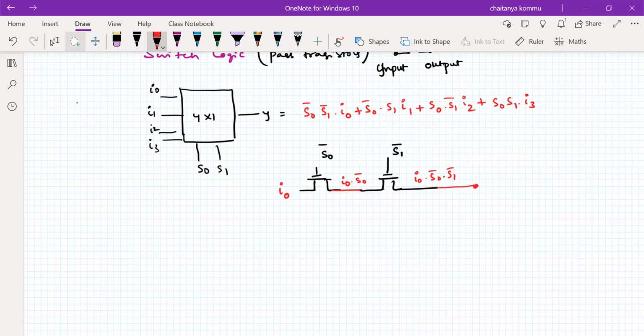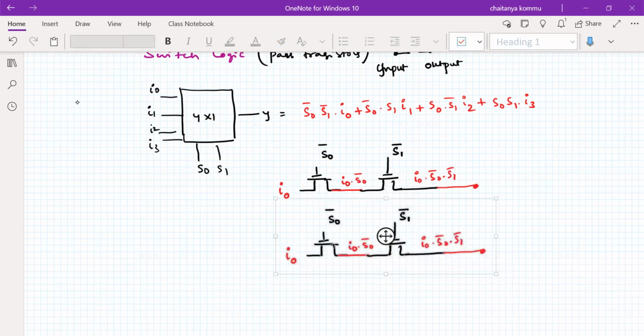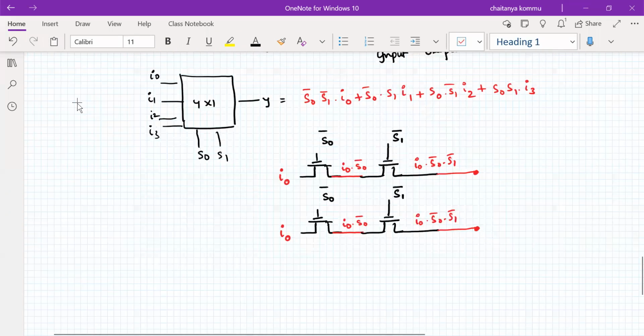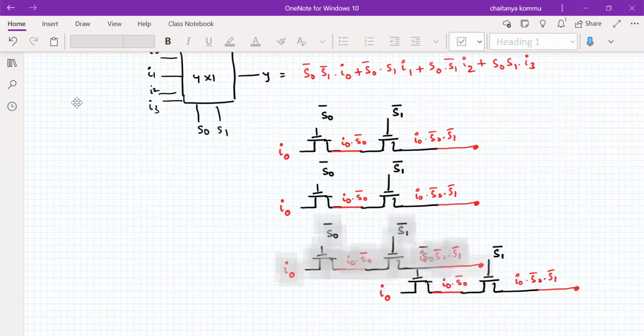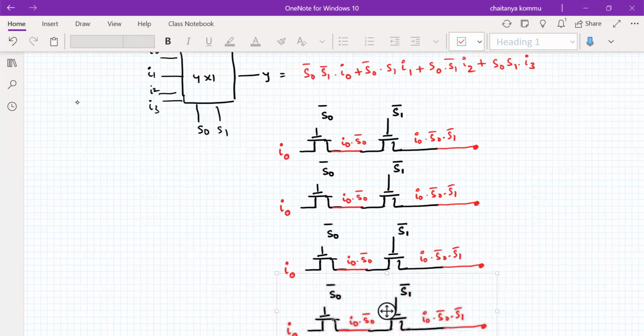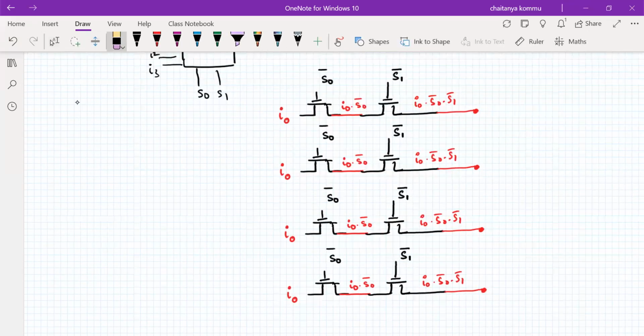So this is the one output that we would like to get. How many such structures are required? The operation is performed 4 times, so I need this structure 4 times. This is the 1, the 2, the 3, and so on. The input signals required are S1 and S0 bar, S1, and here both are not required.